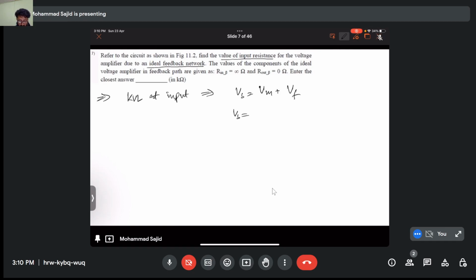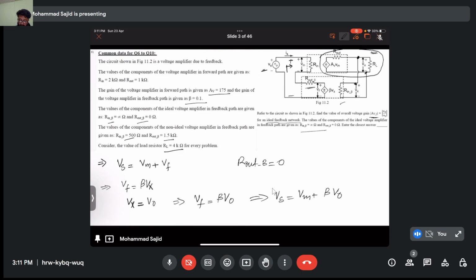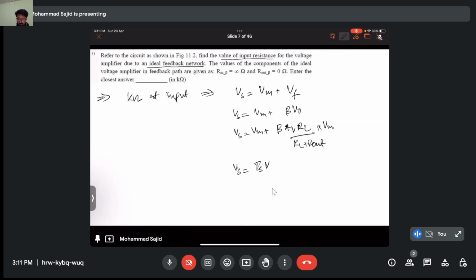Again Vs will be equivalent to Vin plus beta times V0, and this will be equivalent to AV RL divided by RL plus R out into Vin. So Vin will be Is times Rin. Second.